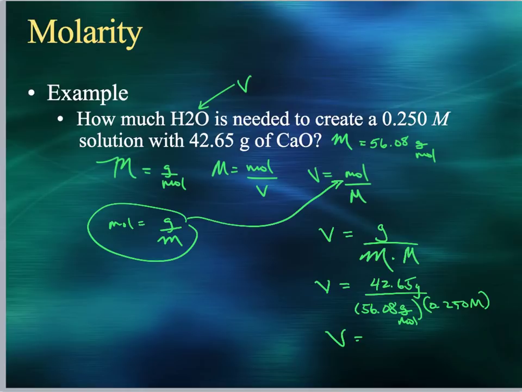And so V is equal to 42.65 divided by the entire bottom. Make sure you put it in parentheses or you're going to get the wrong answer. 56.08 times 0.25. And with three significant figures here, the volume is 3.04 liters.